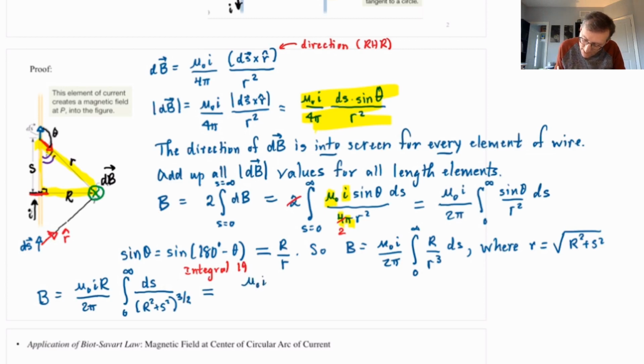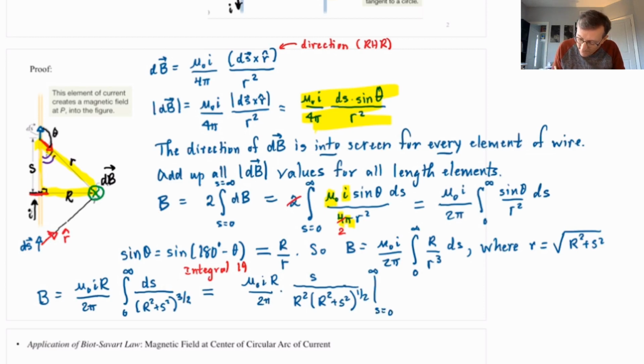Mu 0 I R over 2 pi times, okay, the result for that integral is s over big R squared times big R squared plus s squared all to the 1/2. And the limits for s are from 0 to infinity.